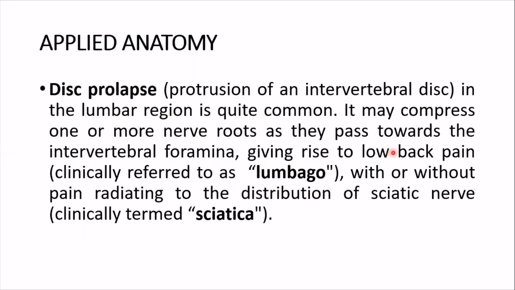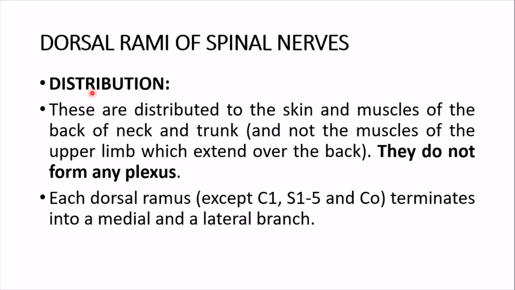This is the low back pain, lumbago. So with or without pain radiating to the distribution of the sciatic nerve, of course, to the buttock and the whole lower limb parts, this is sciatica. So I'll do the clinicals of everything now, neuroanatomy detail subsequently and separately.